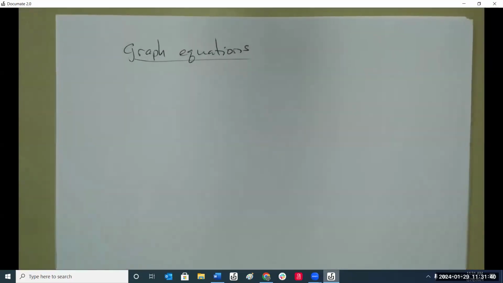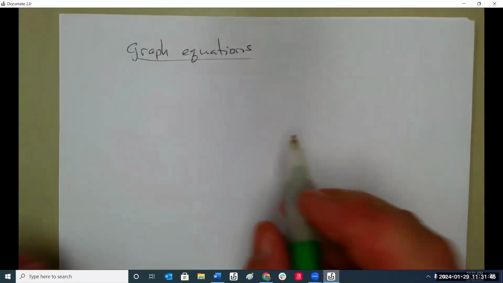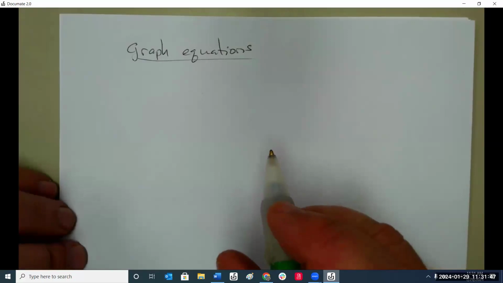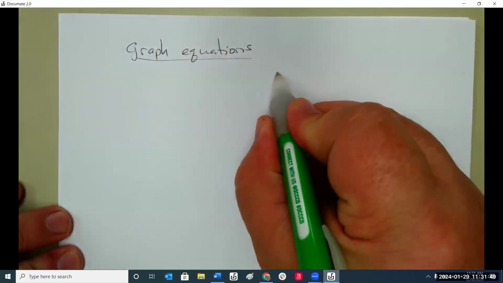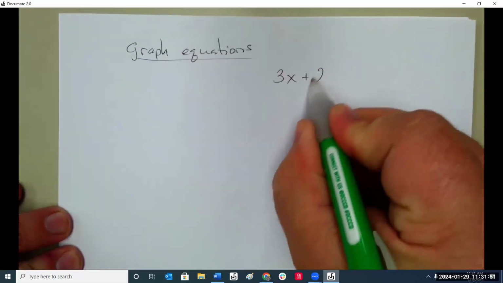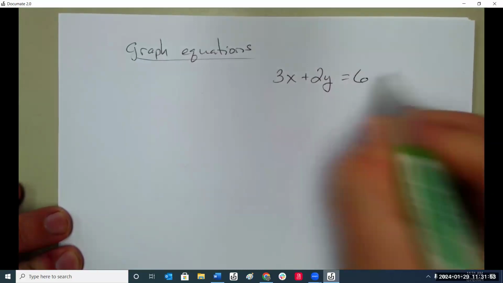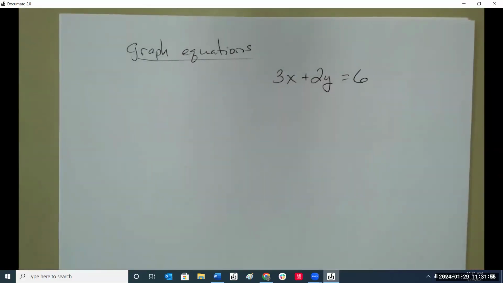How would you graph an equation? What are the different methods to graph an equation? Let's stick with linear so far. You want to isolate the line. Okay.